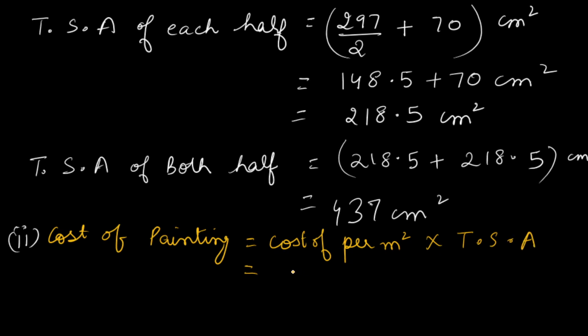So per centimeter square cost is given to us as 30. So 30 into total surface area, 437 centimeter square. This is rupees 30 per centimeter square. So units you properly write. So it's rupees 30 per centimeter square, into 437 centimeter square.